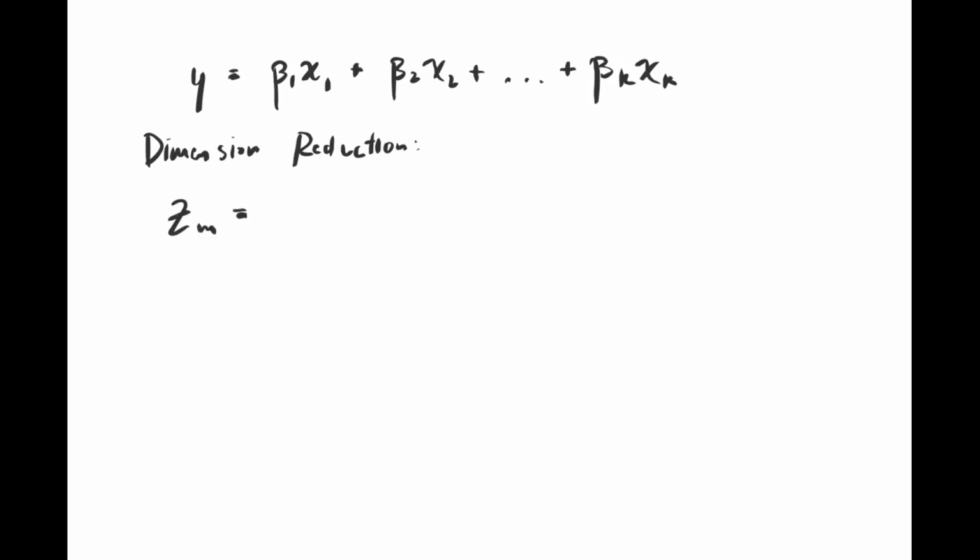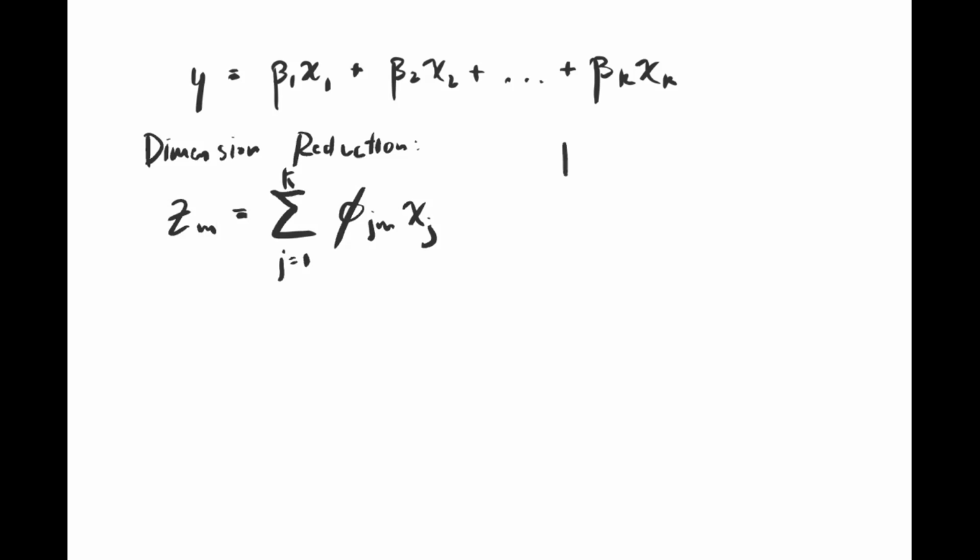I will go back and try and describe this a little more qualitatively in a second. So it is essentially creating a new vector of z's to regress on that is a linear combination of my x's.